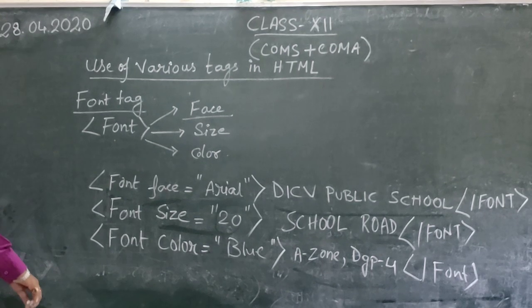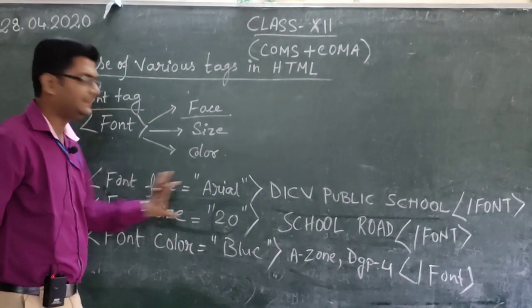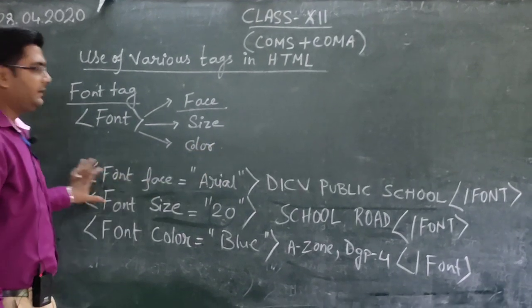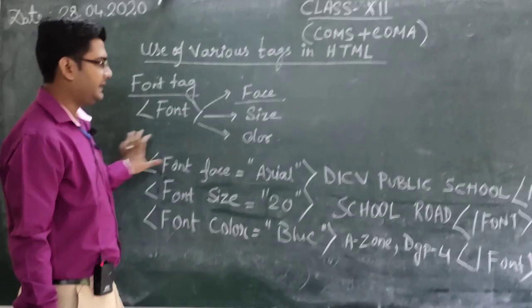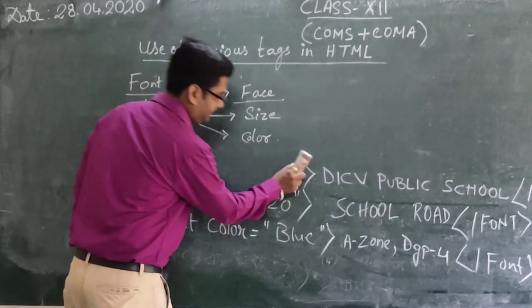Now I can use all these things, face, size and color, in a single font tag. If I use this face, size and color in a single font tag, how will it look? Just see.